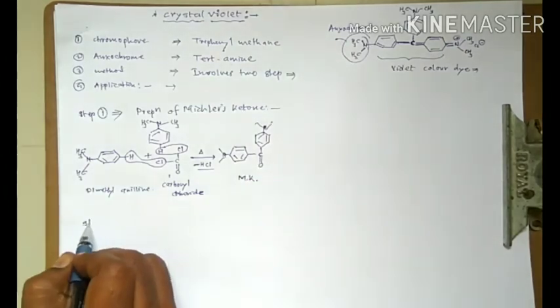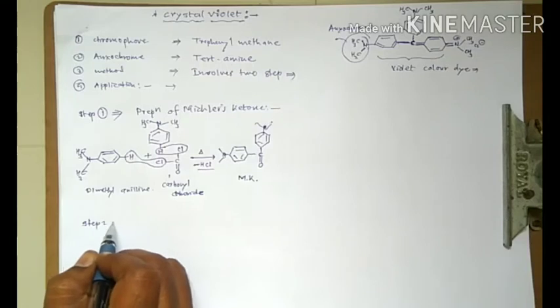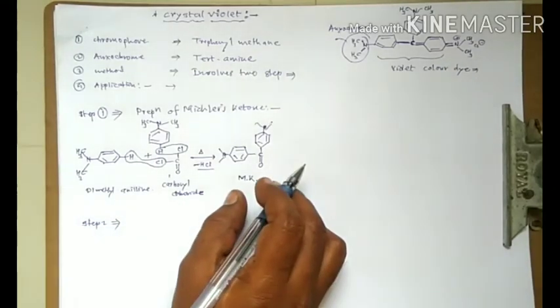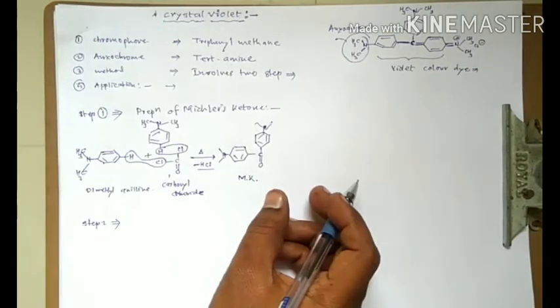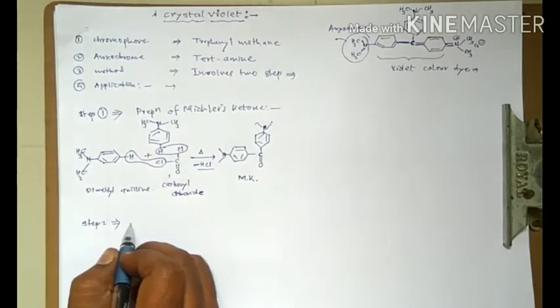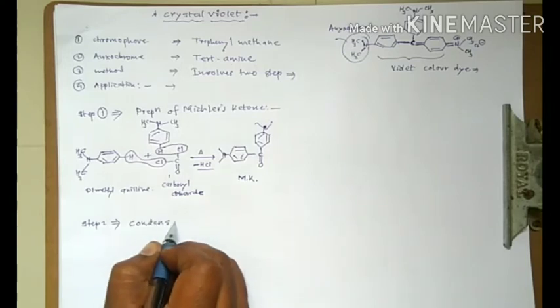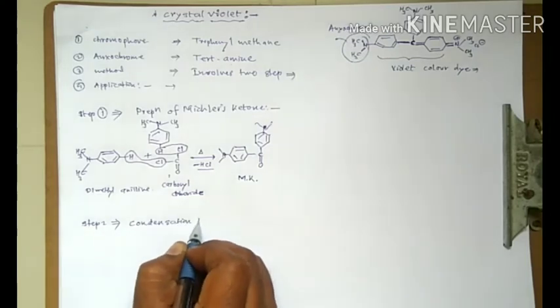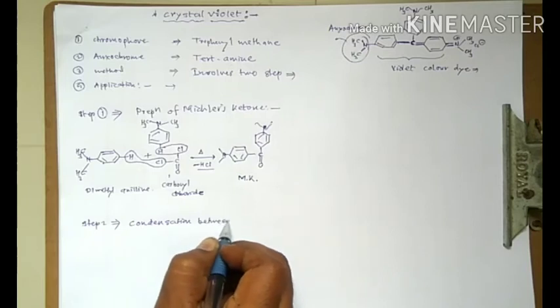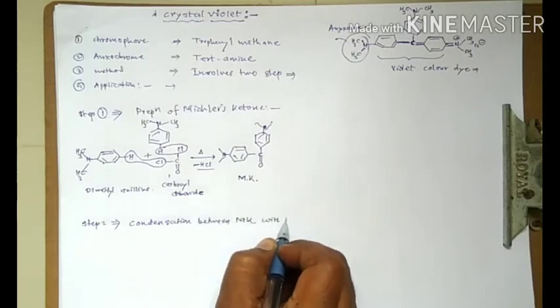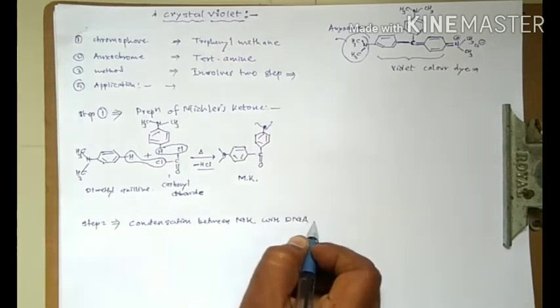Now the step 2 is the condensation of this Michler's ketone with again dimethyl aniline. Condensation reaction between Michler's ketone with dimethyl aniline.